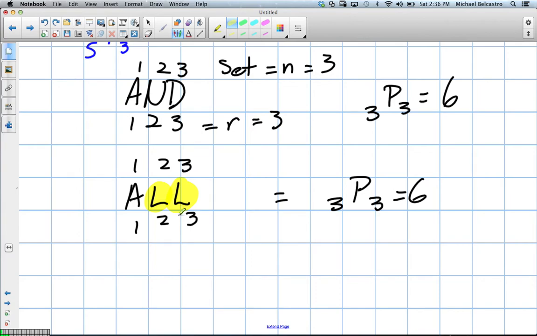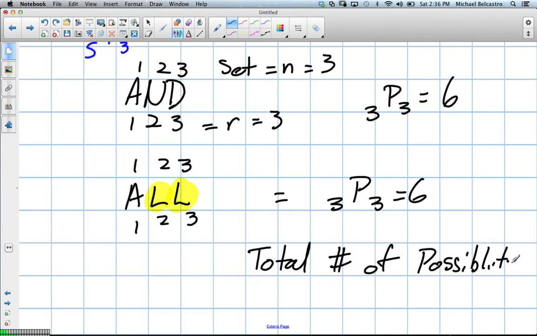Okay, so because we have L and L, the way we do it with identical terms is we take the total number of possibilities and we divide that by the total number of redundancies, you could say, or how many different ways can we arrange the 2 letters that are identical.